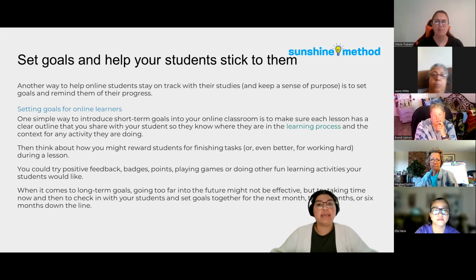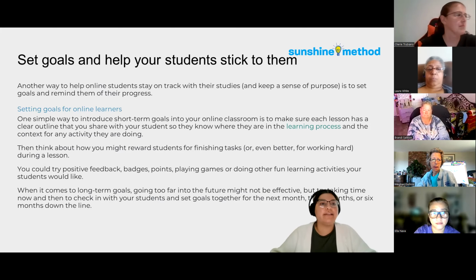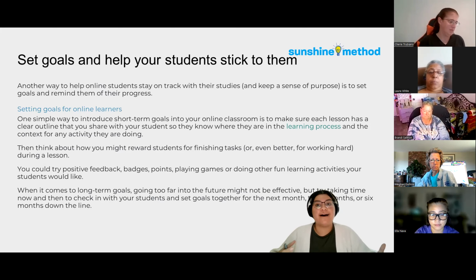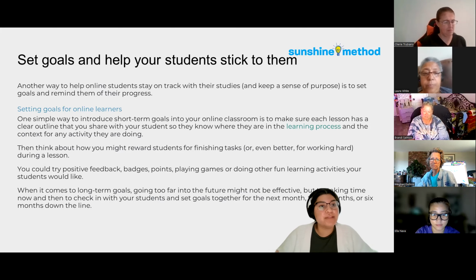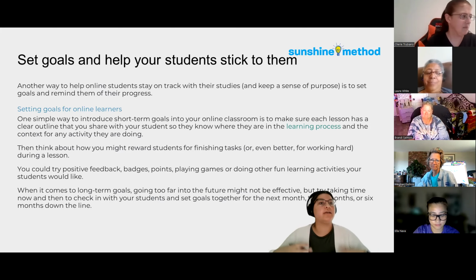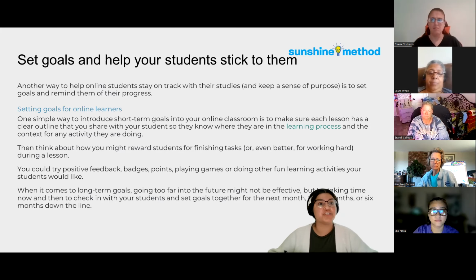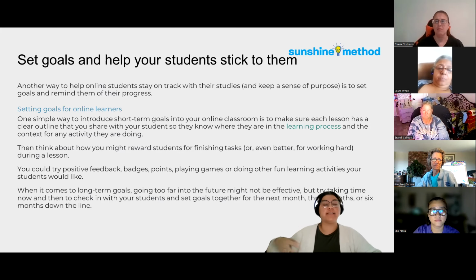If they're not able to count from 1 to 5, but within their first month with you, they're able to count 1 to 10, you can let them know, wow, you're able to do counting. When we first started, you couldn't do that, but now look how smart you are. Look how much you're able to accomplish, and look how much more we're going to accomplish. This is our next goal. This is something else that we can do.